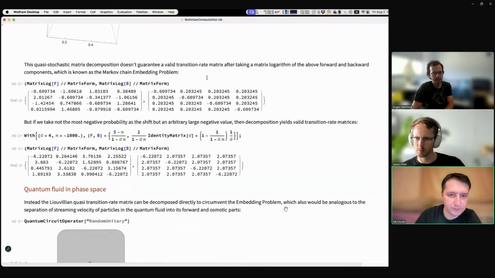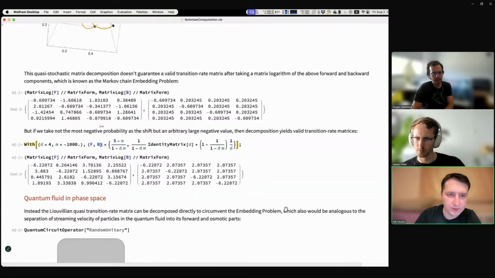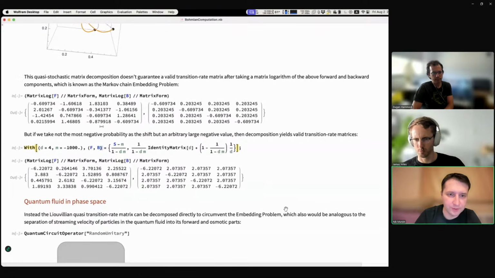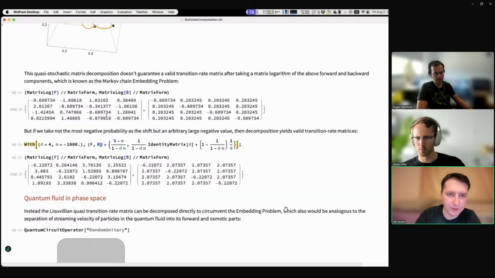So what else do I have? Yeah, this is just a comment that you can do this decomposition in a different way. It's related to either decomposing the stochastic matrix itself, which is a Lie group kind of way, or doing it in the exponential, which is like a Lie algebra space.